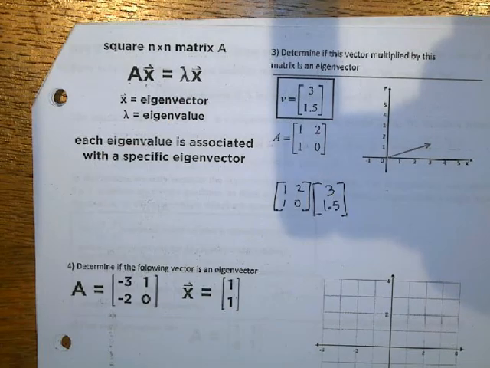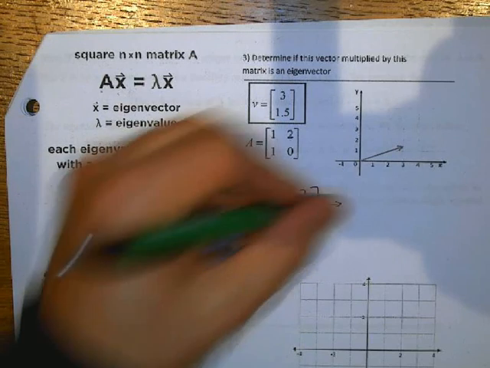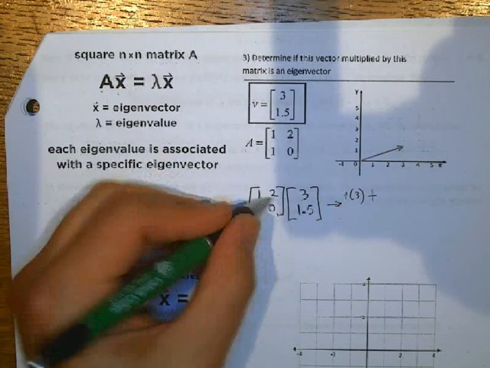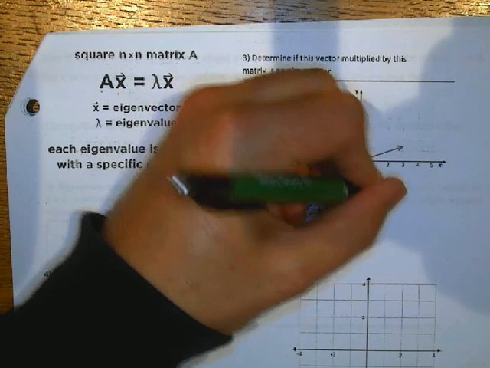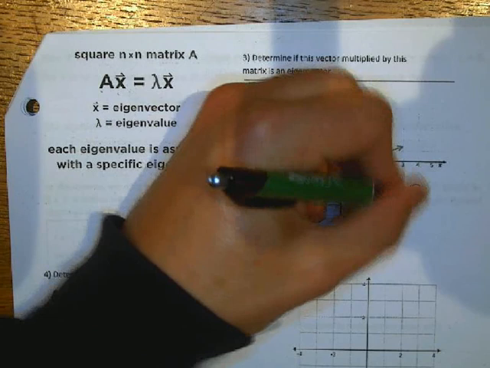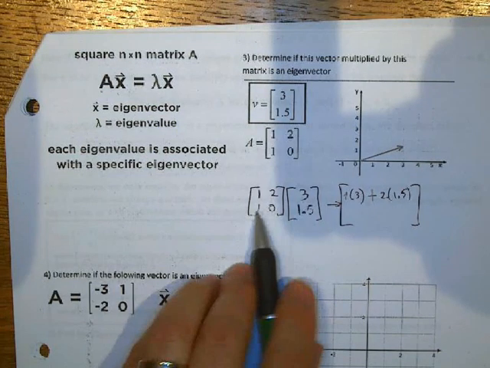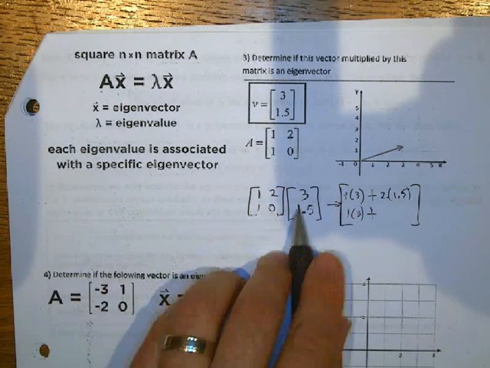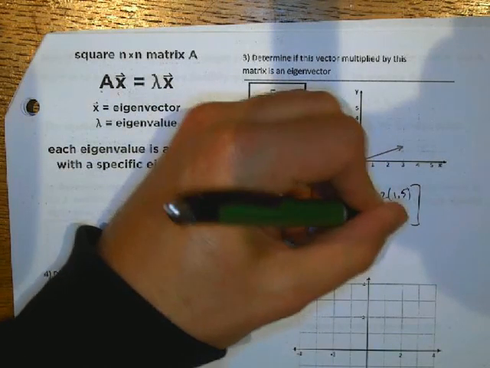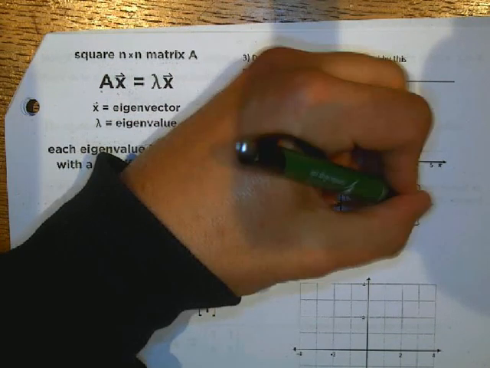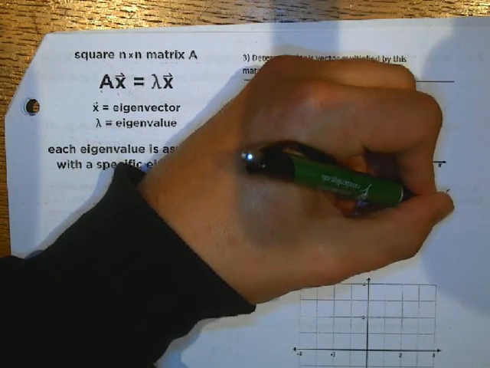And then I get 1 times 3 plus 2 times 1.5. And then we get 1 times 3 plus 0 times 1.5. And that simplifies to 6, 3.